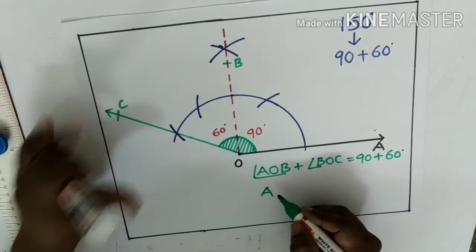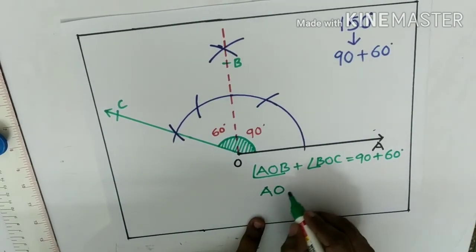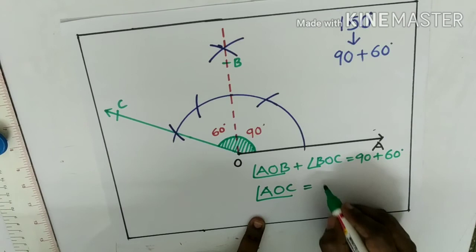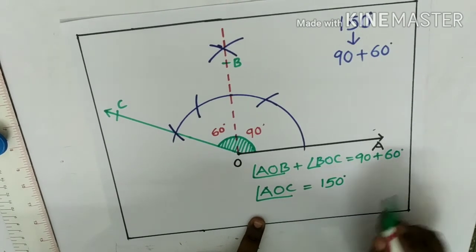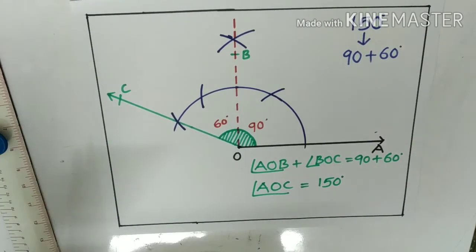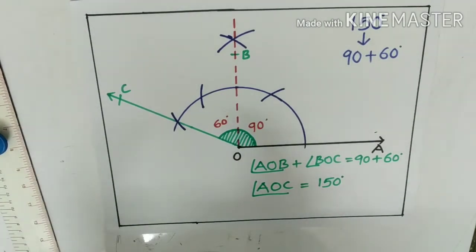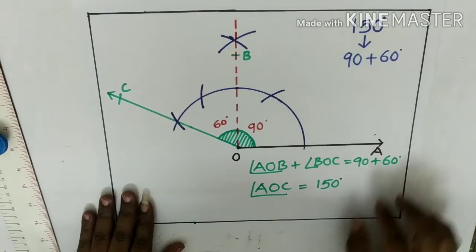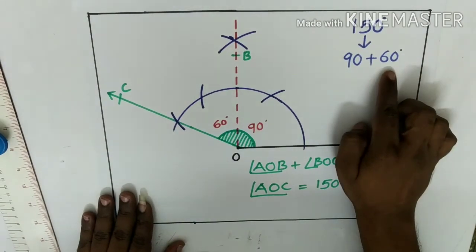That is nothing but angle AOC is equal to 150 degrees. So here we have 90 plus 30, that is 120 degrees, and 150 degrees is 90 plus 60.